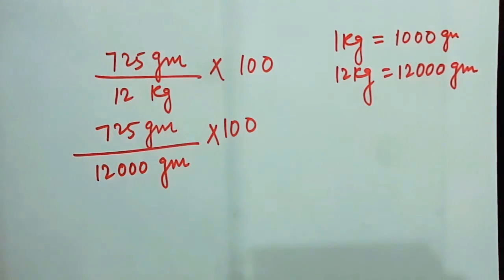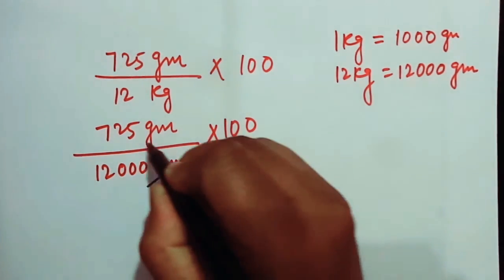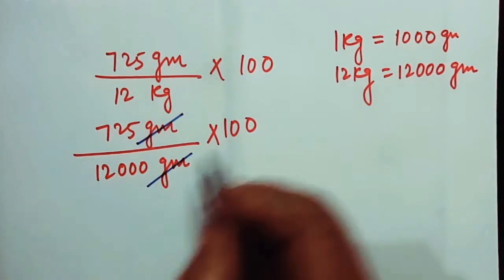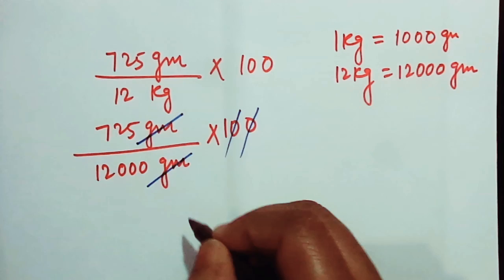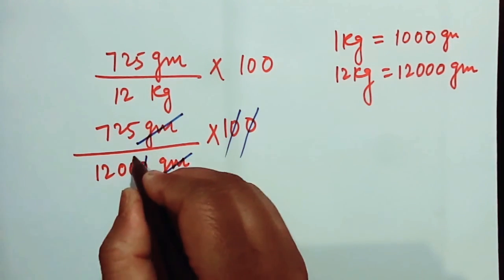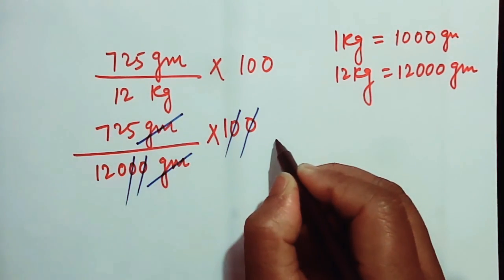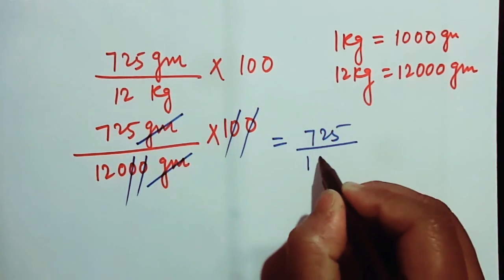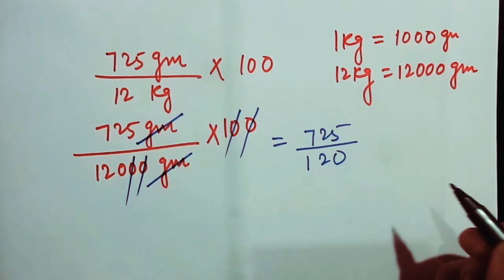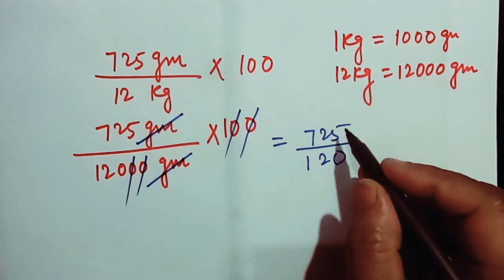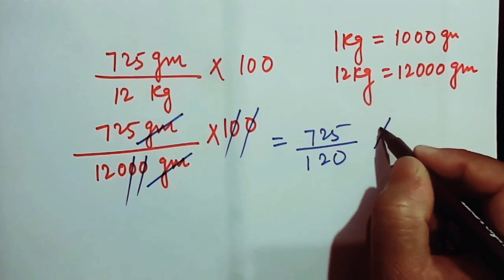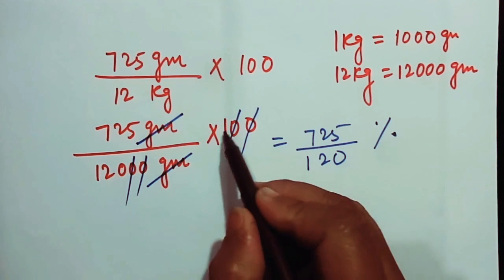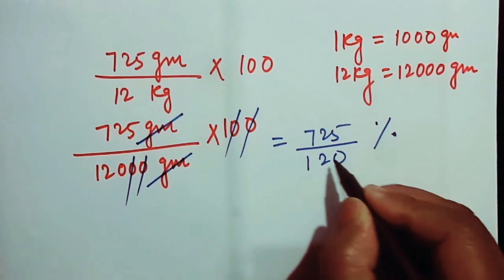Now we need to cancel this units. Why? Because we do not need any unit. Let's cancel it further. This 20 will go, this 20 will go, and then finally it will give you 725 by 120. Shall we cancel a little more? So when we cancel this, percentage, because we are multiplying it by 100. Let's cancel more.